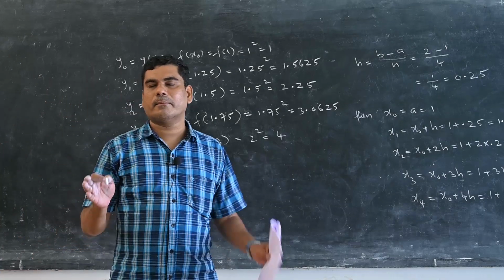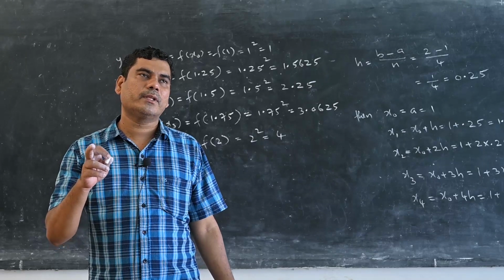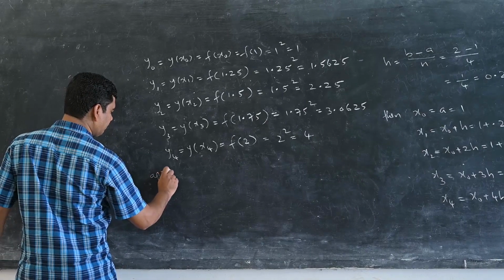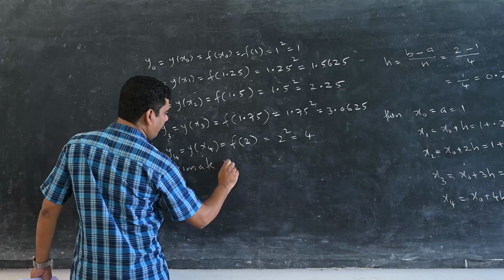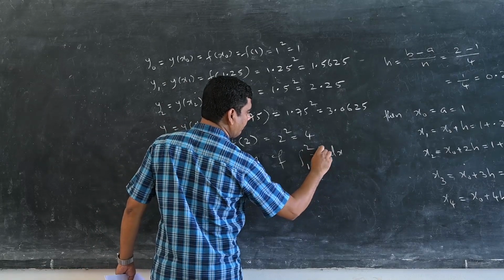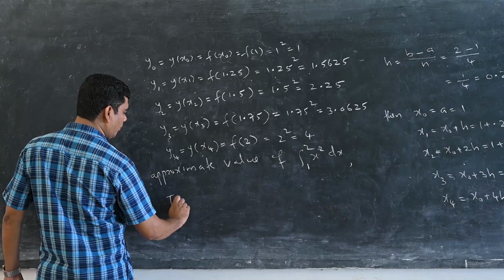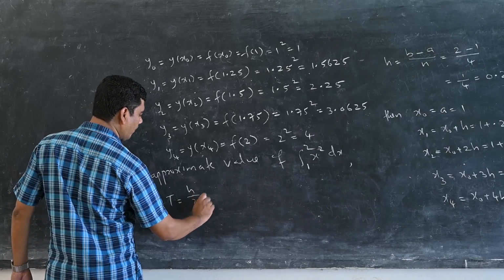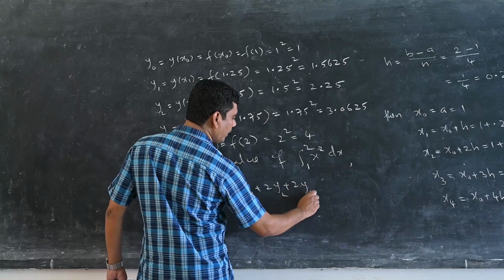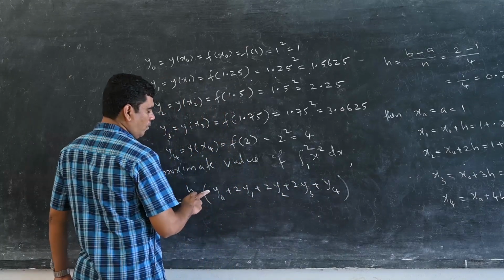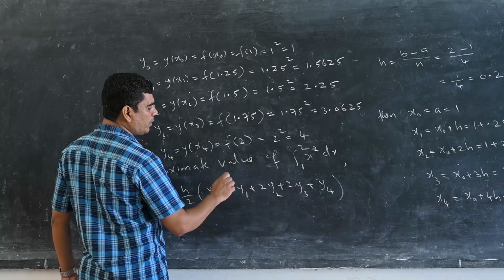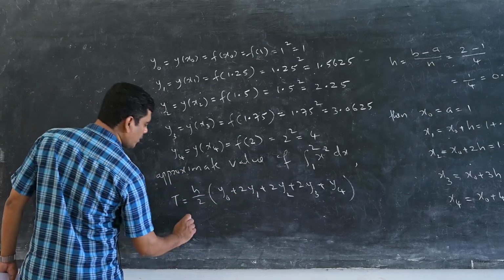Now, by trapezoidal rule, the approximate value of the integral 1 to 2 x square dx is equal to h by 2 into y naught plus 2y1 plus 2y2 plus 2y3 plus y4. 1 into y naught, 1 into y4, all other terms multiply by 2. 2 into y1, 2 into y2, 2 into y3. Add them.